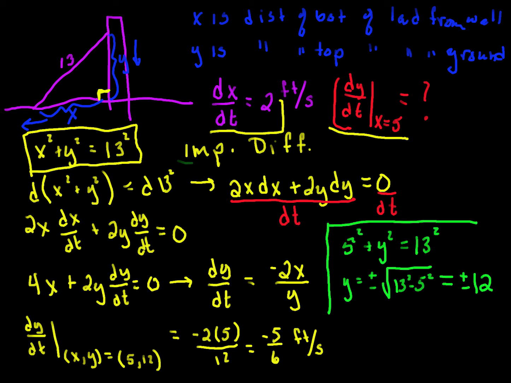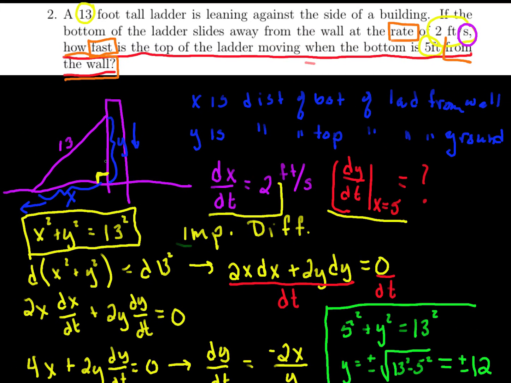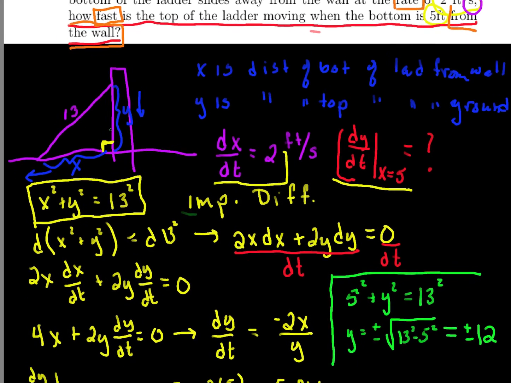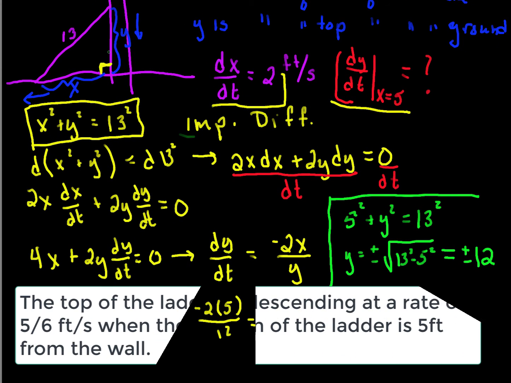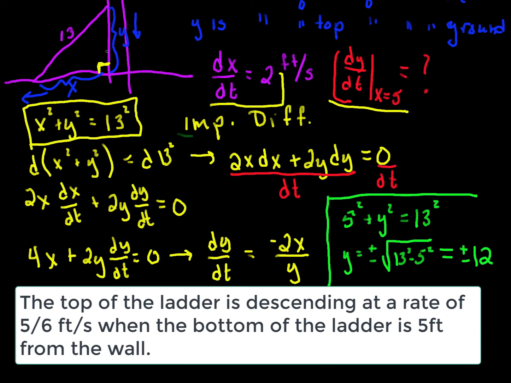We know as the ladder slides out, the top will slide down, and so it should be a negative rate of change. And so finally, our answer to this question of how fast is the top of the ladder moving when the bottom is 5 feet from the wall, we would answer it saying that the top of the ladder is descending at a rate of 5/6 feet per second.